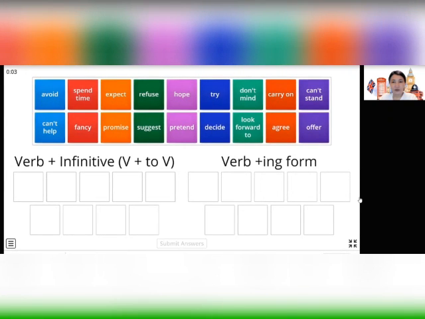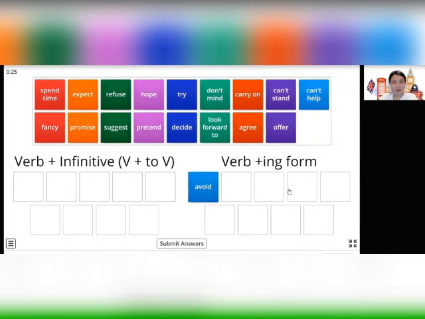You have to divide, just put these verbs into two groups. The first is verb plus infinitive, and which verbs are put before this, and which verbs are put before verb plus -ing. For example, avoid, we put here.